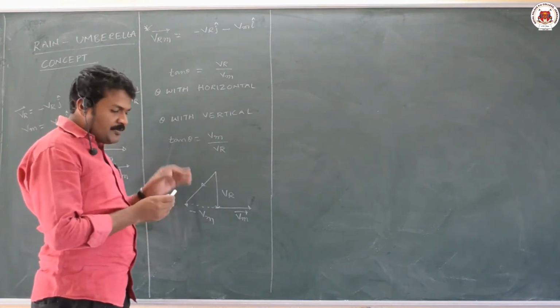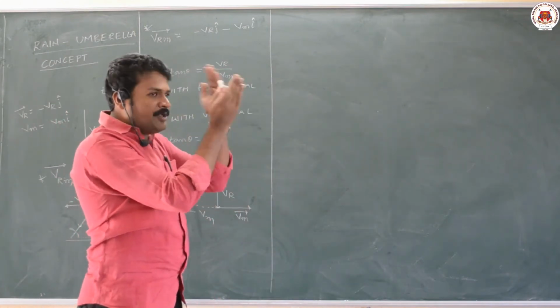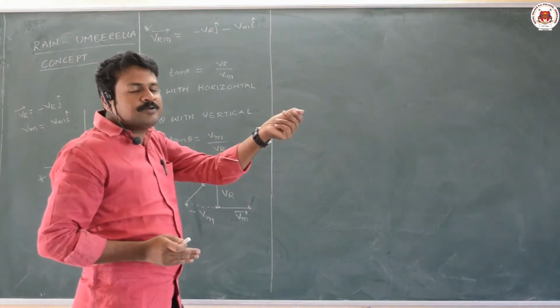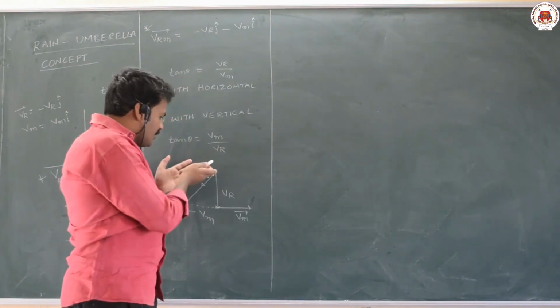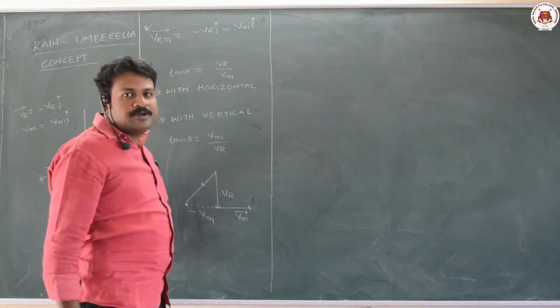When rain is falling vertically down and you are moving forward, you have to hold your umbrella in front like this and go. Rain will fall in this direction, the relative velocity. This is the concept of rain umbrella.